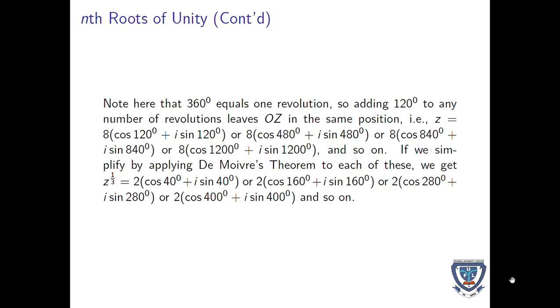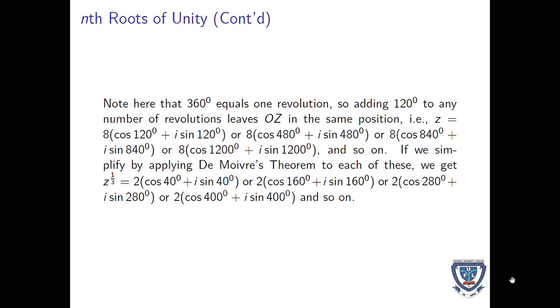That is, z is equal to 8(cos 120 degrees plus i sine 120 degrees), or by the time you add 360 to each of those angles in sine and cosine, you're going to have cos 120, cos 480, cos 840 and so on and so forth, simply by adding 360 degrees.